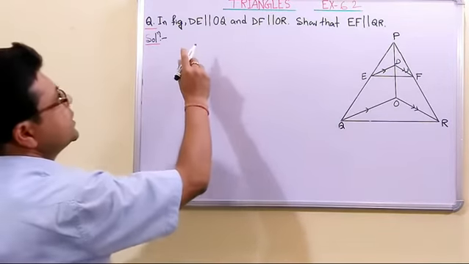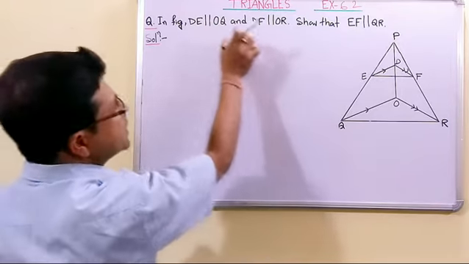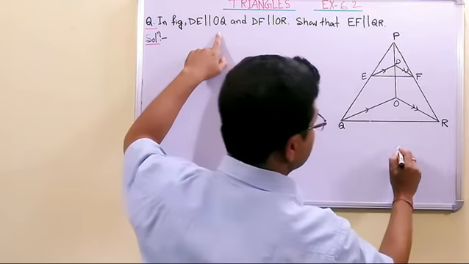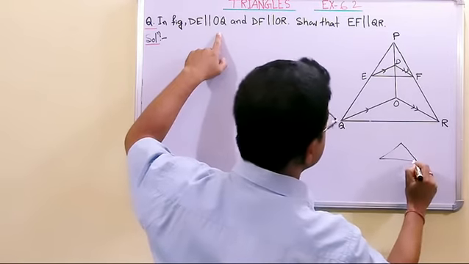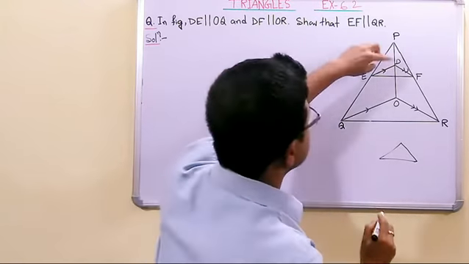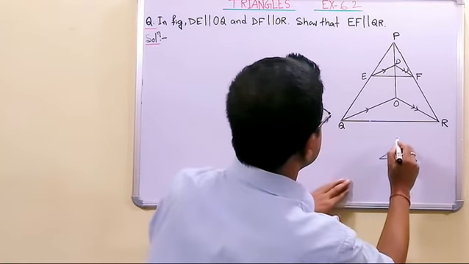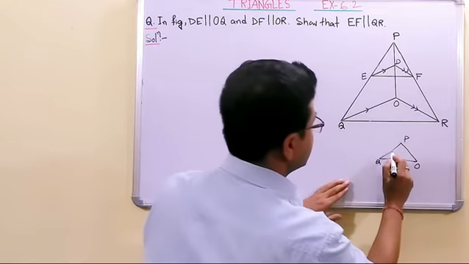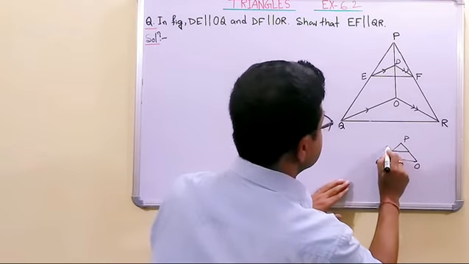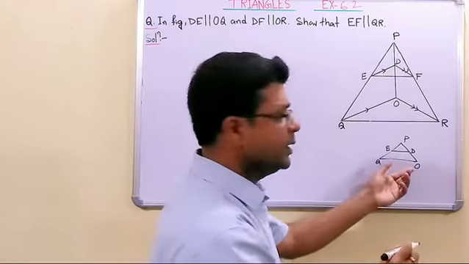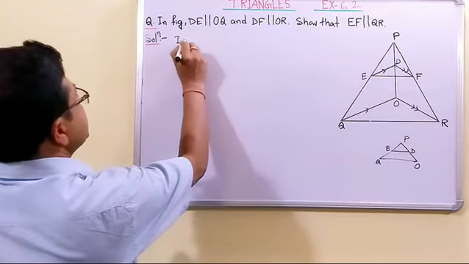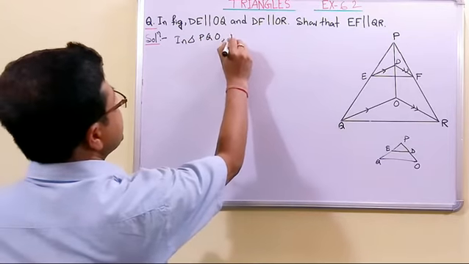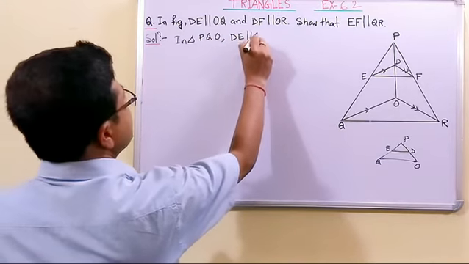Now let us use the given information one by one. DE parallel to OQ. This is in which triangle? Let us draw the triangle here. DE parallel to OQ, these two are parallel. This is in triangle PQO. It is E, it is D. So in triangle PQO, DE is parallel to OQ.